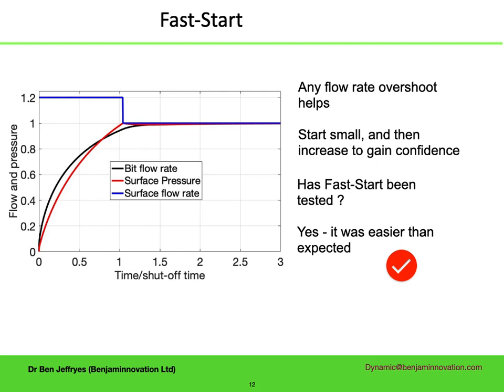There are situations, for instance, with a small difference between pore pressure and fracture initiation pressure, where normal practice is to stage up the pumps, starting up flow at a low level to break the fluid gel before increasing the flow rate. There are 2 points to make here. Firstly, at the last stage, when the pumps go to full rate, fast start can still be used to speed things up.